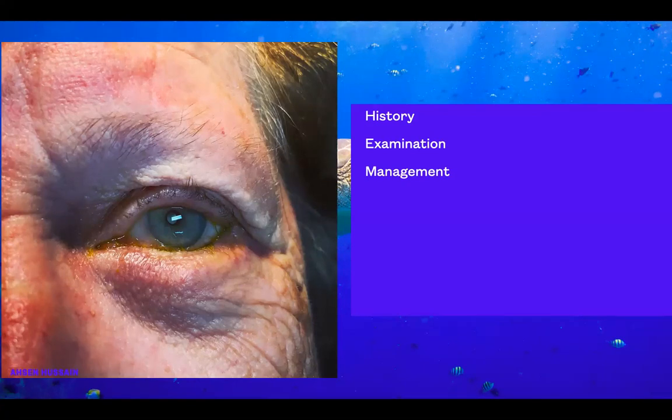Have a look in the fornix. I have a picture on my Instagram account showing you how in a patient you can actually see sometimes the dehiscence of the lower lid retractors. There's a white line which can give you an indication that that's occurred. You then want to do a careful slit lamp examination.